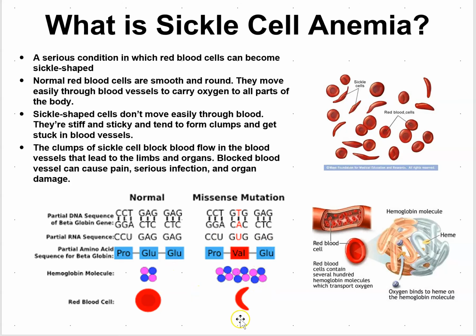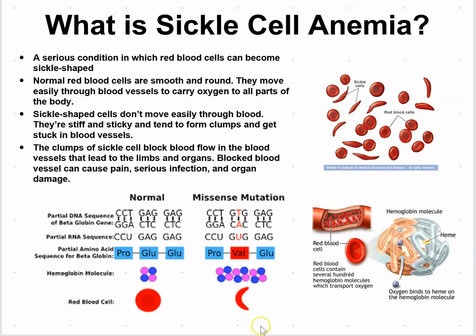However, a person who is actually affected by sickle cell anemia starts having clumps of sickle cells that block the blood flow, and it leads to pain and serious infection and sometimes organ damage. So usually sickle cell blockage of the blood vessel is accompanied by pain and fever.